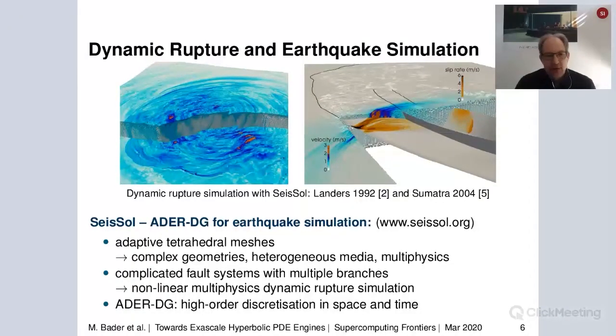So SeisSol deals with all this via adaptive tetrahedral meshes, which are able to deal with the complex geometries. And we're addressing the seismic modeling with a high order discontinuous Galerkin method that features so-called ADER high order time stepping.